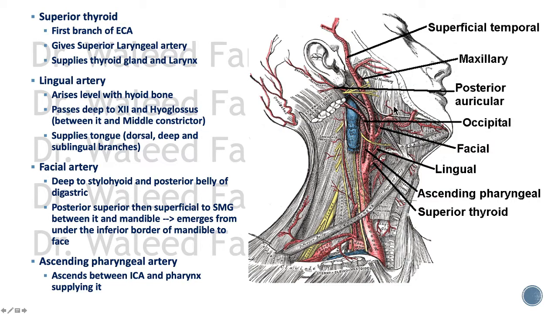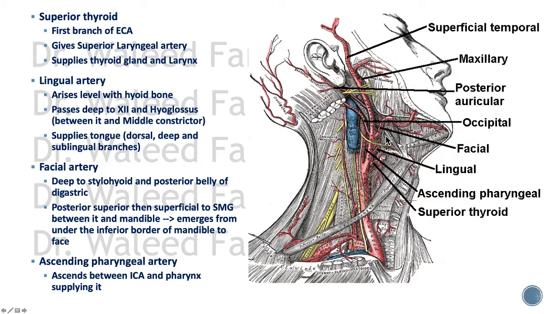To come out of the mandible, it must descend lateral to the submandibular gland and curve up on the mandible anterior to the masseter. So part of it is hidden under the mandible. Don't forget that. It is close to the pharynx and gives the ascending palatine and tonsillar branches there, and also supplies the submandibular gland.